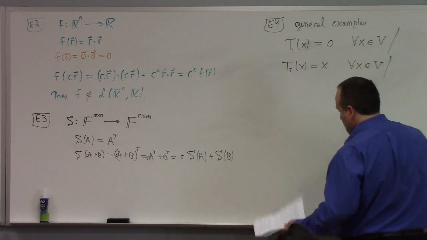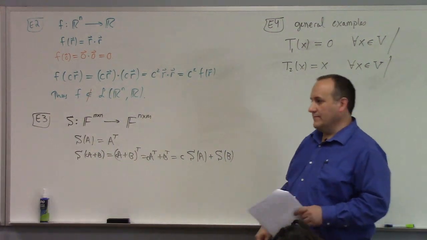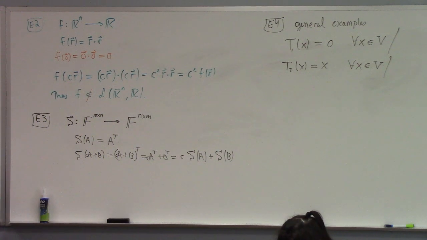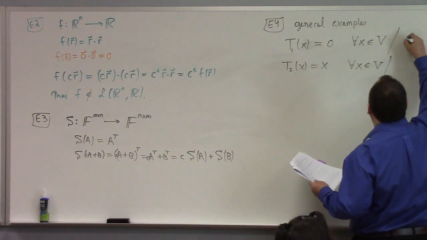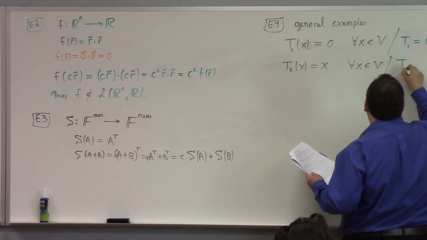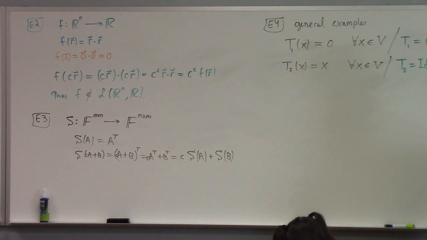Then in that context we call T1 the zero transformation, and T2 is the so-called identity on V. These are both endomorphisms on a vector space that are always there, the trivial transformation and the identity transformation.